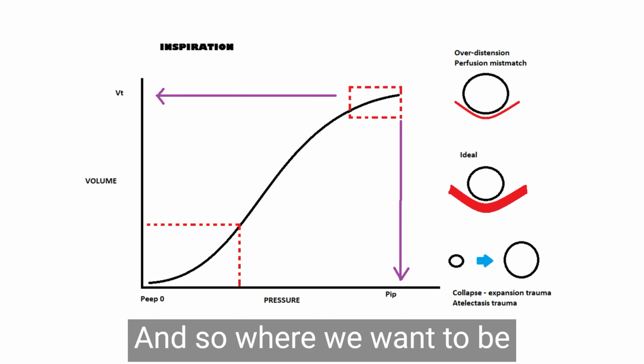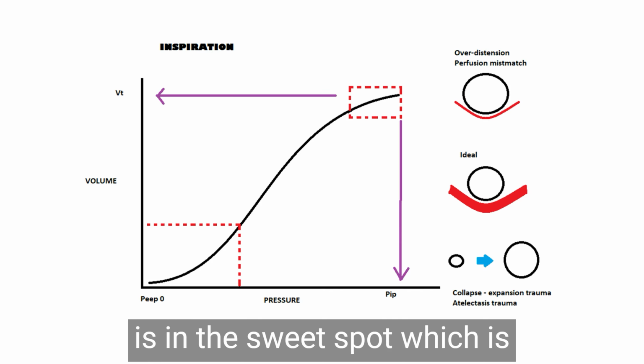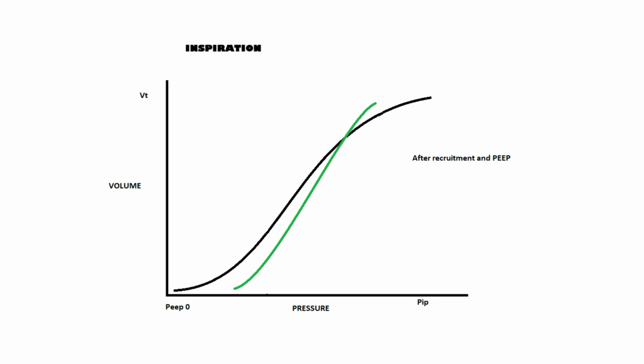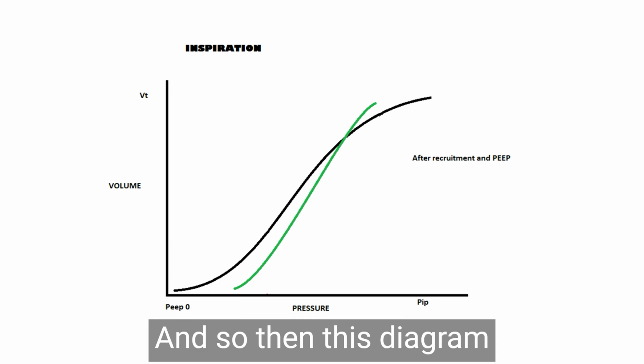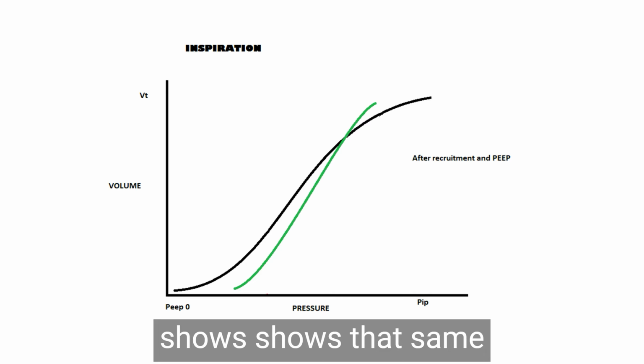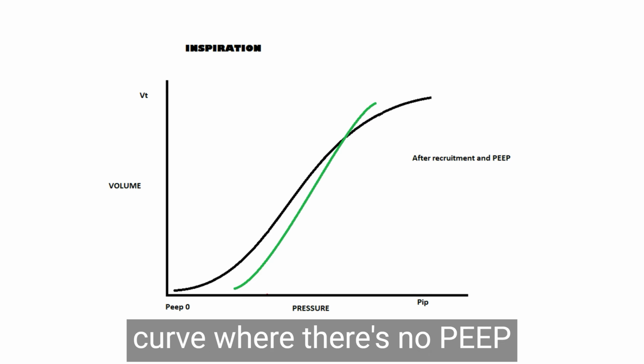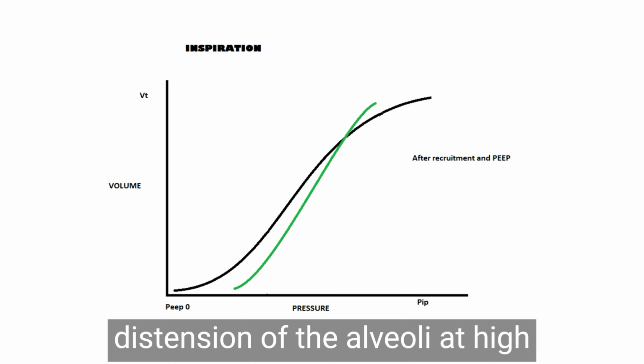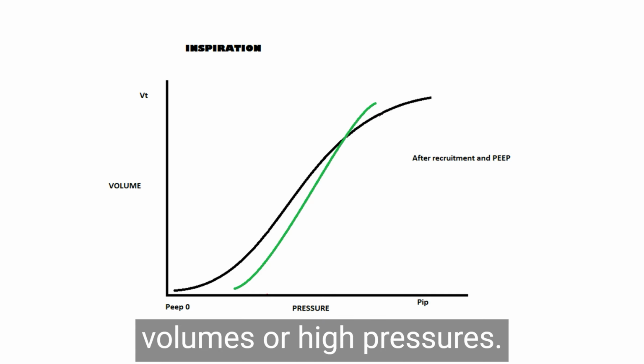And so where we want to be is in the sweet spot, which is the linear aspect of the curve. And so then this diagram shows that same compliance curve, the black curve, where there's no PEEP and also where there's over distension of the alveoli at high volumes or high pressures.